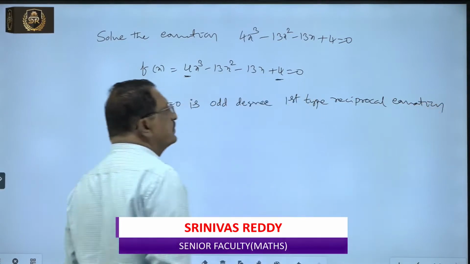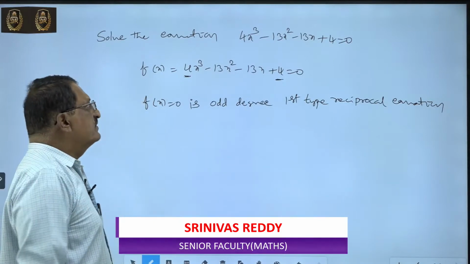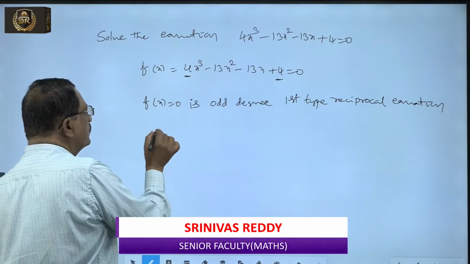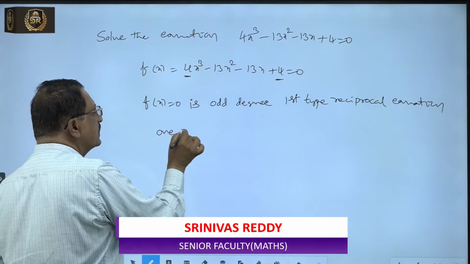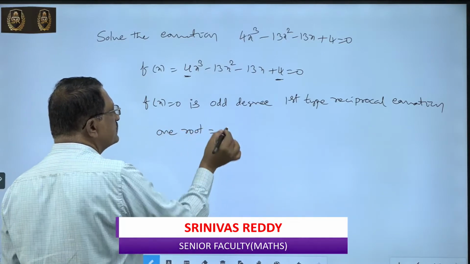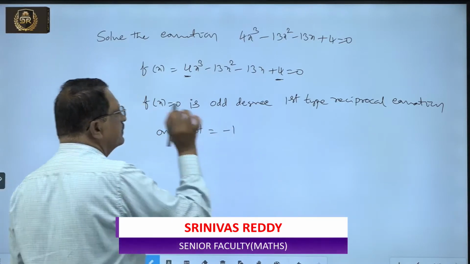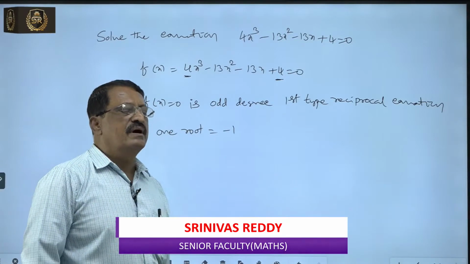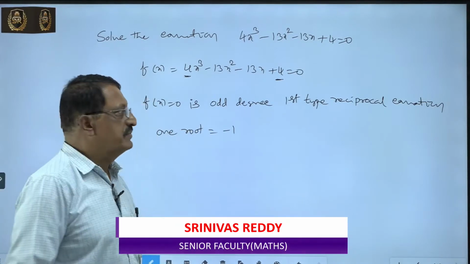Compulsorily one root equals minus 1, or x plus 1 is a factor of this equation.